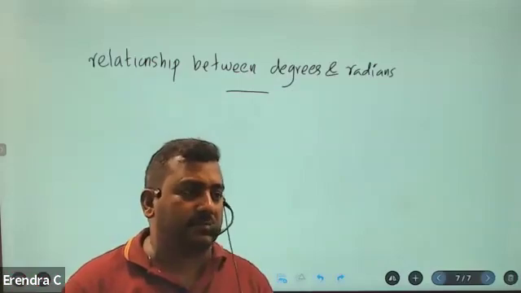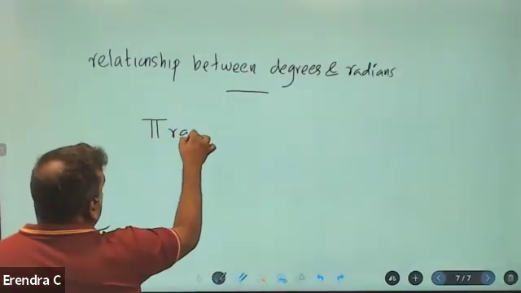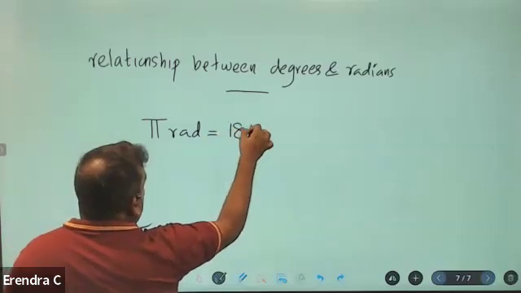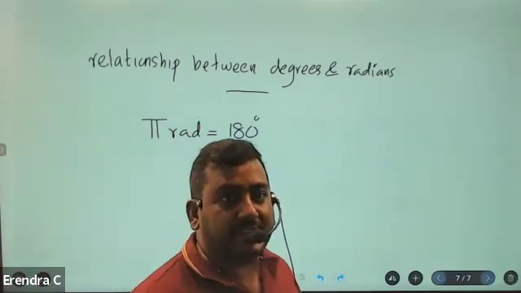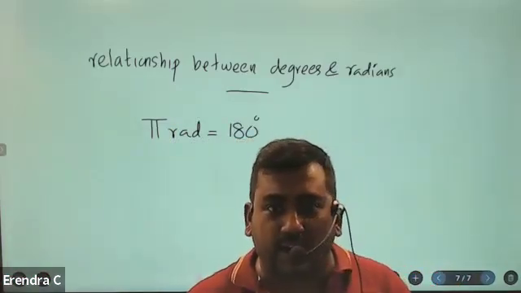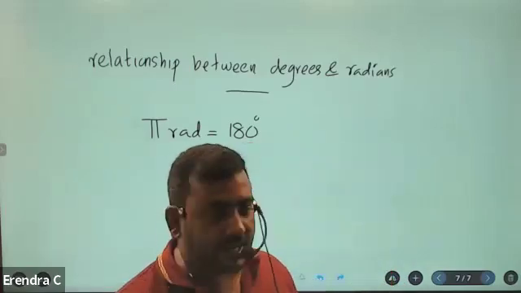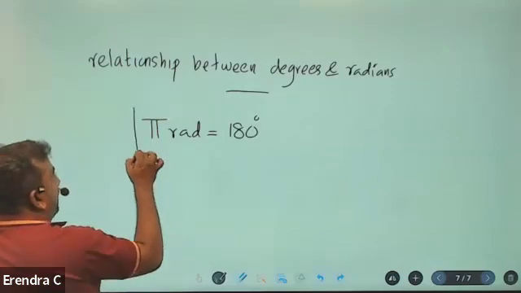What's the relationship? Very simple. Pi radians is equal to 180 degrees. Now, what's this pi? The same pi you learned in 2 pi r, 22 divided by 7, pi r squared. Pi radian is 180 degrees. So this is your relationship.